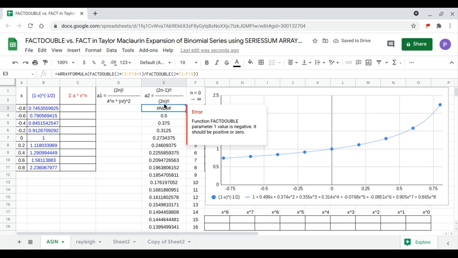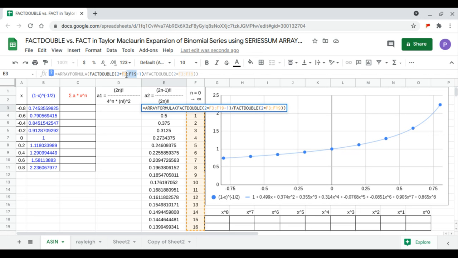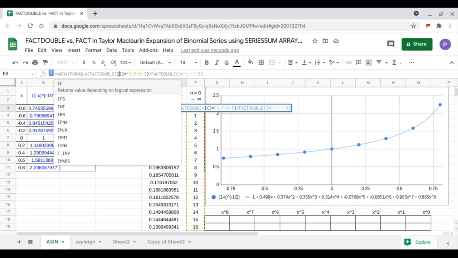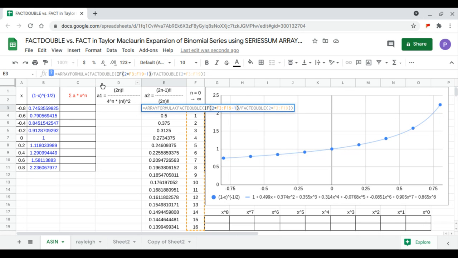And we can correct this. So if n equals 0, then this is equal to 1. So the condition will be if n equals 0, then the coefficient is 1, otherwise calculate.